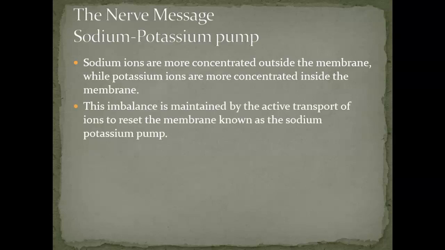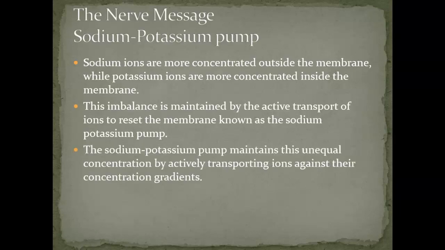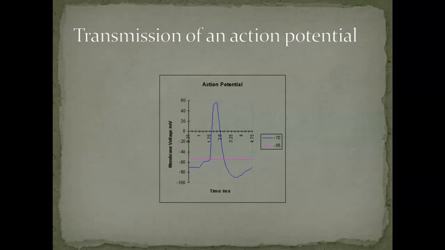That does maintain this imbalance: sodium on the outside, potassium on the inside. It's also needed, when this balance is disrupted, to reset that charge. So it uses ATP, actively pumping these ions against their gradient. So it's moving both of them, if you will, uphill.